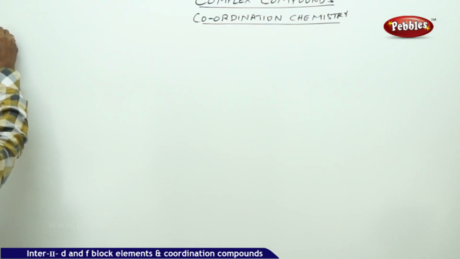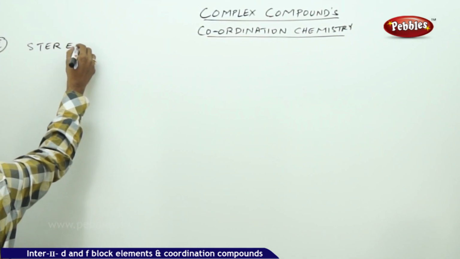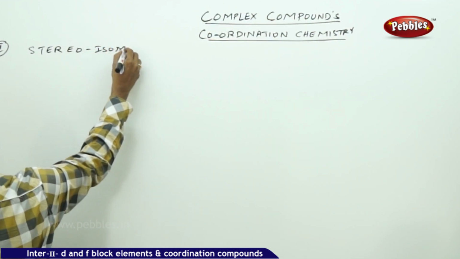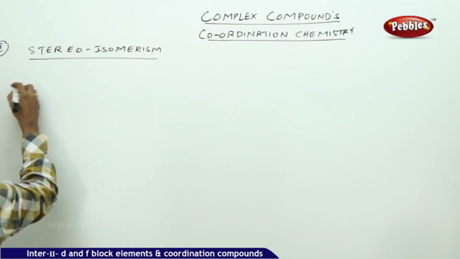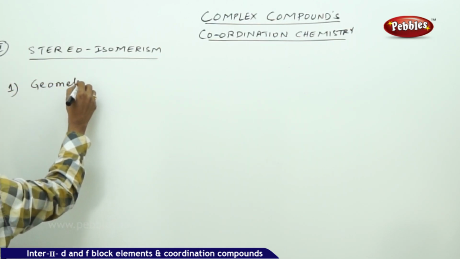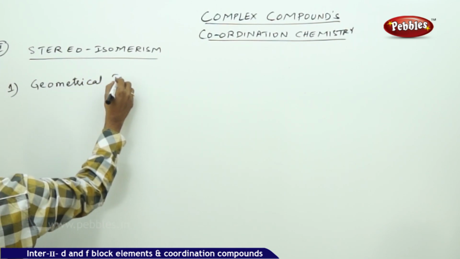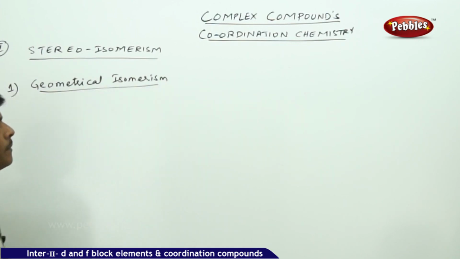So if you go to the next part, the second part of the discussion, that is stereoisomerism. It is made up of geometrical isomerism. So in this geometrical isomerism, let me give you the generalization. What are the conditions?